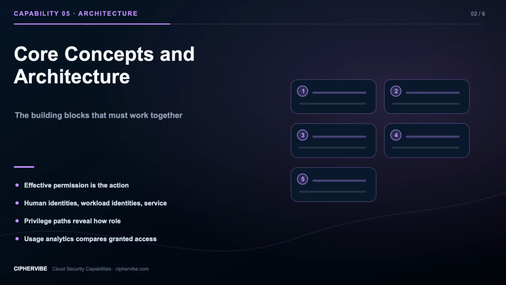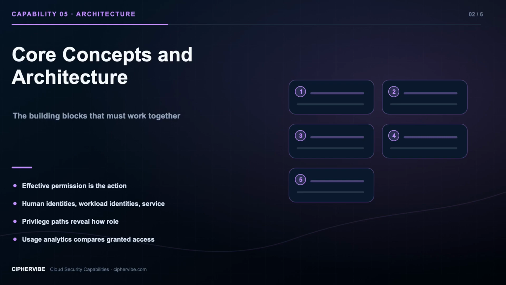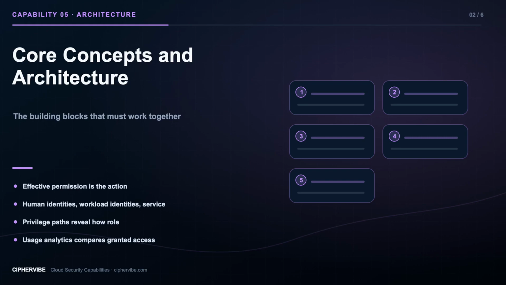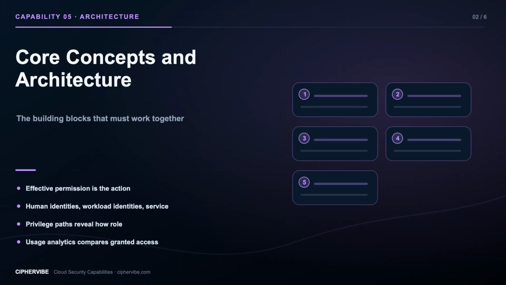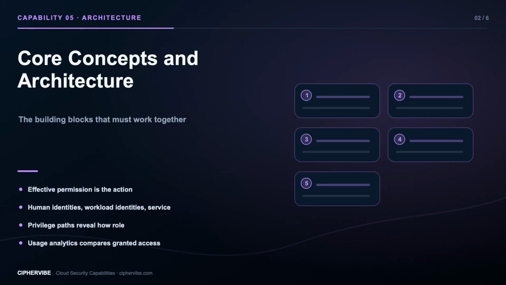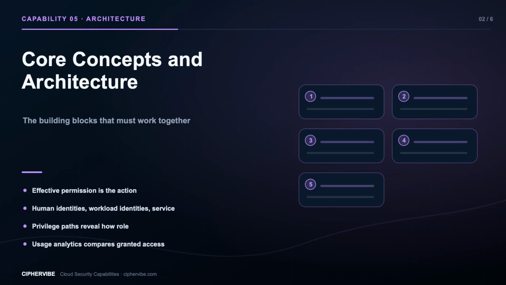Third, privilege paths reveal how role assumption, group membership, pass role rights, token creation, or resource policies enable escalation. Fourth, usage analytics compares granted access with observed activity to identify dormant, excessive, or rarely required permissions.